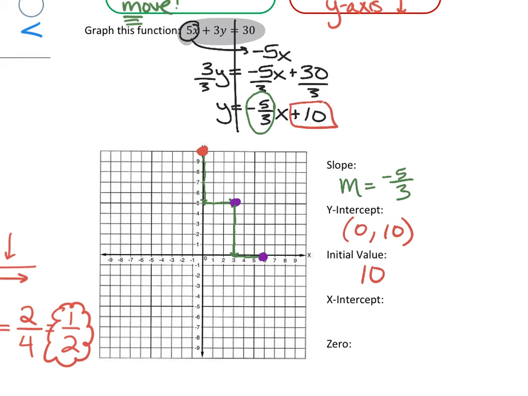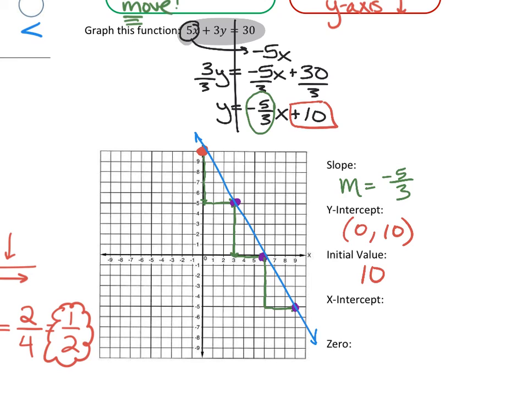For good measure, I'm going to do that one more time. I'm going to go down 1, 2, 3, 4, 5, and over 1, 2, 3. Once I have a good number of coordinates on my screen where I know I've graphed this correctly, I'm going to lay down a ruler or some sort of straight edge and hopefully draw a straight line. You know, I'm using a ruler and I'm still drawing not straight lines. Feel free to laugh at me.